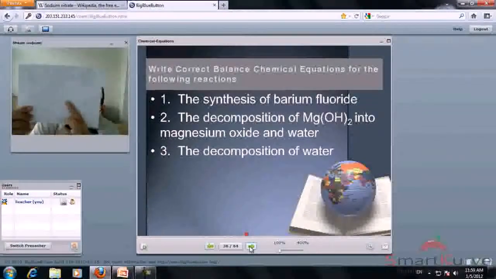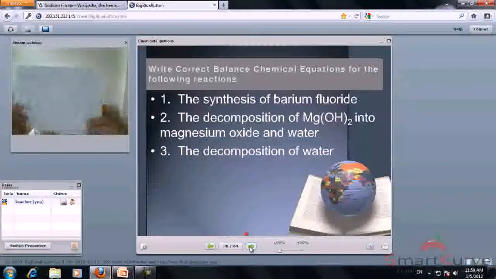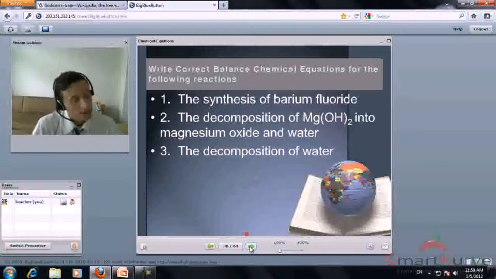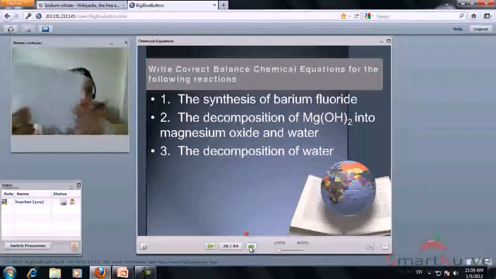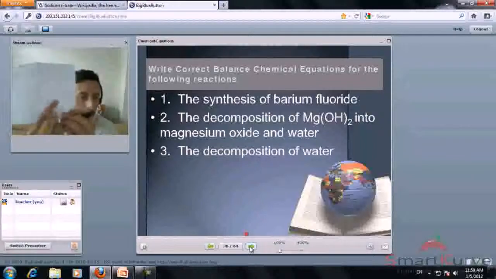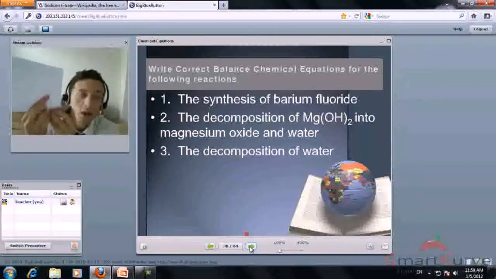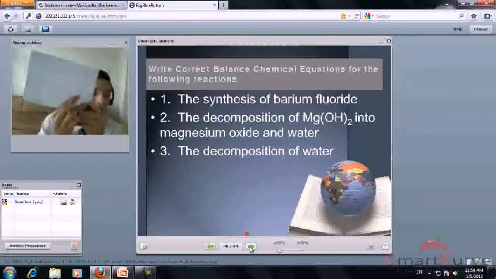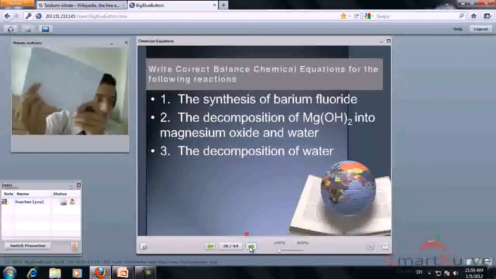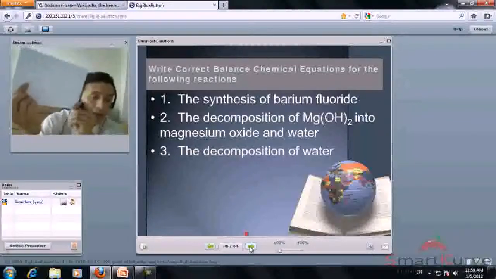Well, now we have 2 chlorine atoms on the reactant side, but only 1 in the product, which means we have to add a coefficient of 2 to the product side. 2 molecules of potassium chloride. Well, now we have 2 atoms of potassium in the product, only 1 atom of potassium over here.